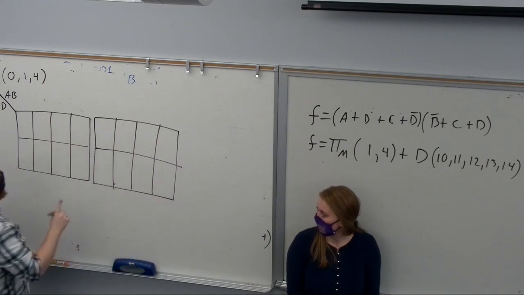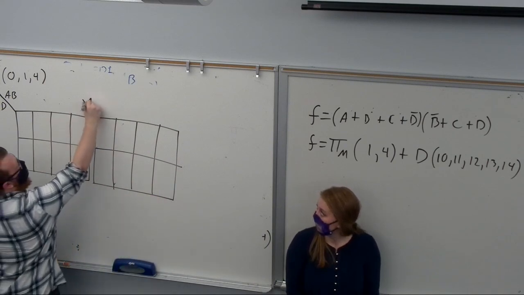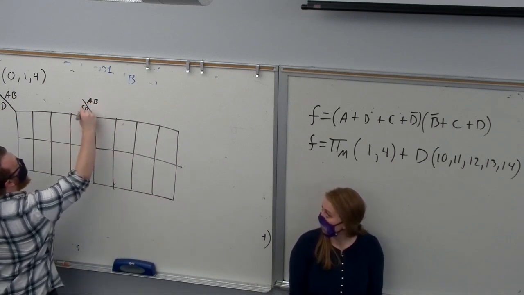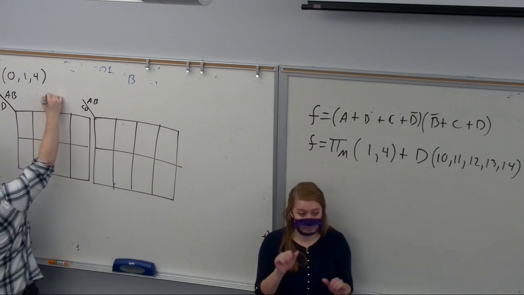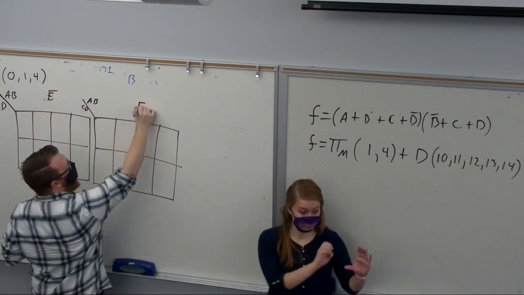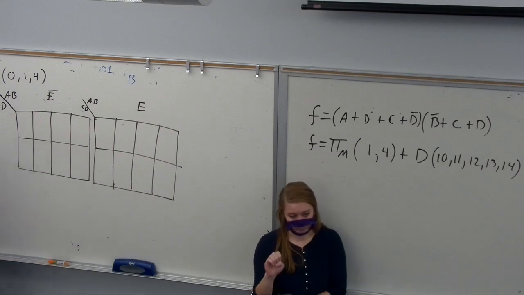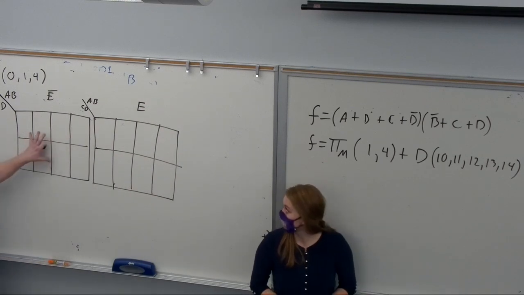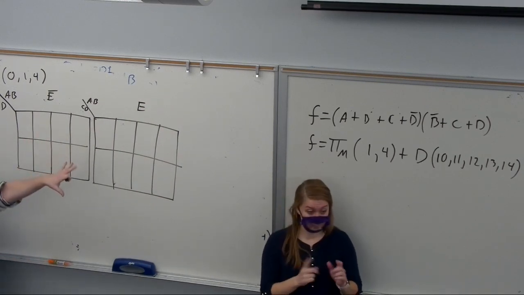And this is still A, B, C, D, but this one is for E bar, and this one is for E. So we're 0s here, 1s there.